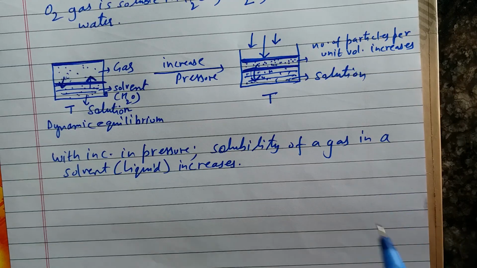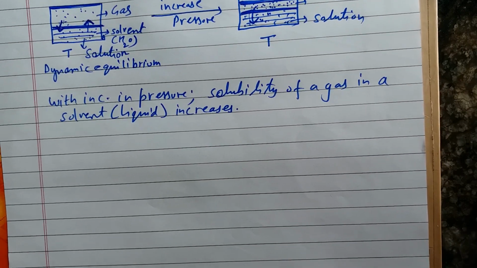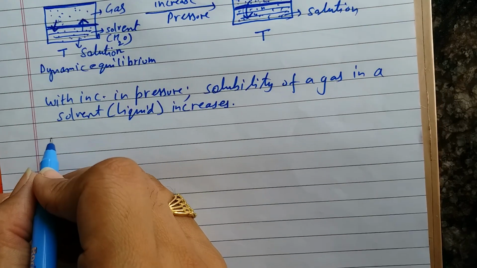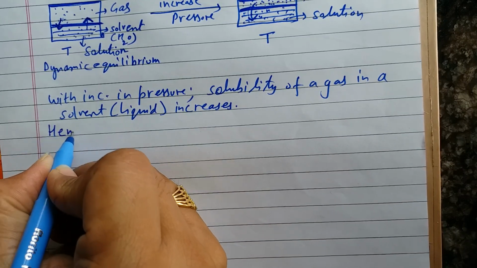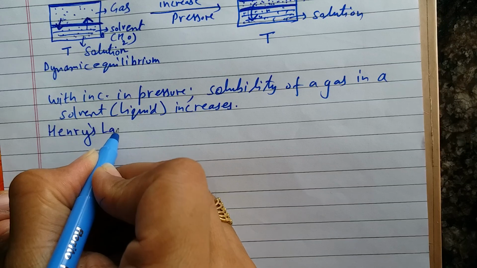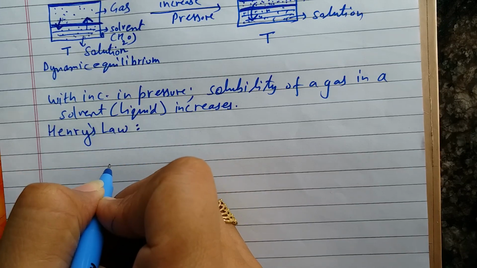This increase in solubility of a gas in a liquid was quantitatively first expressed by Henry, and it is given as Henry's law. Let's see what the statement of Henry's law is.